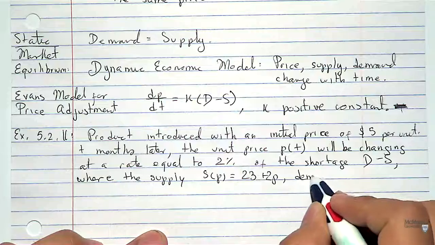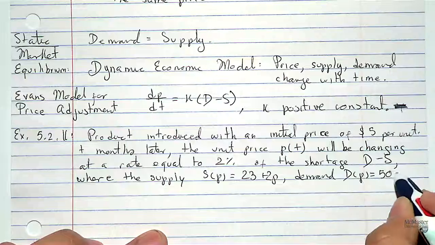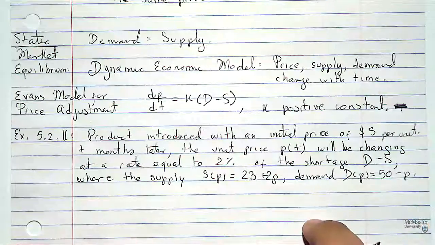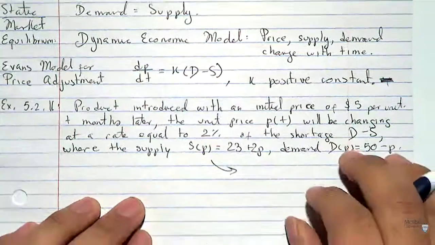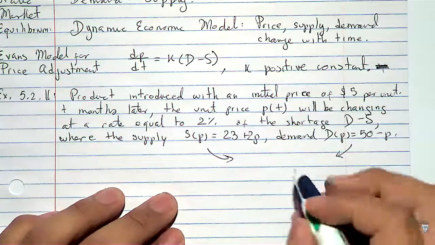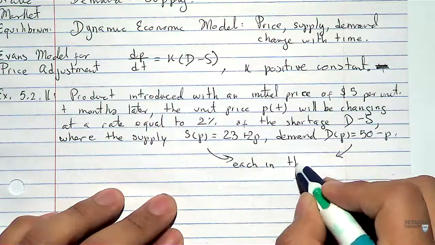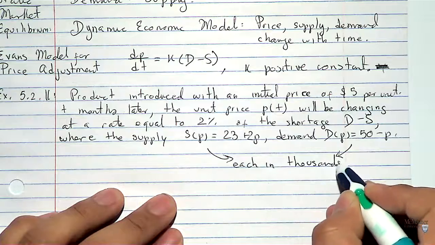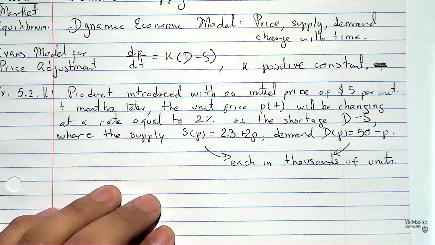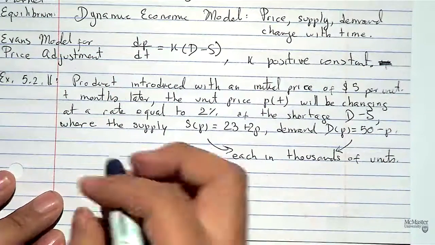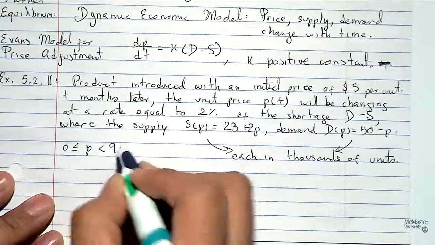The demand is the function D of P equal to 50 minus P. And so just as an observation, the units of the supply and the demand are both in thousands of units. And you also have a constraint that you're given for the interval, which is that basically P goes between 0 and 9.